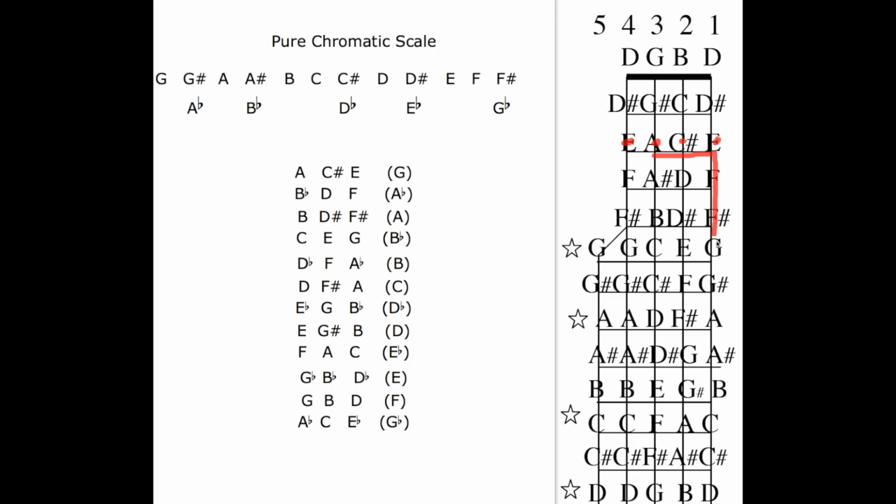Or notice we could simply play the 5th string open, and that gives us our 7th tone that we need for an A7 chord. So simply by hitting all the strings of an A chord, we accomplish an A7 chord.